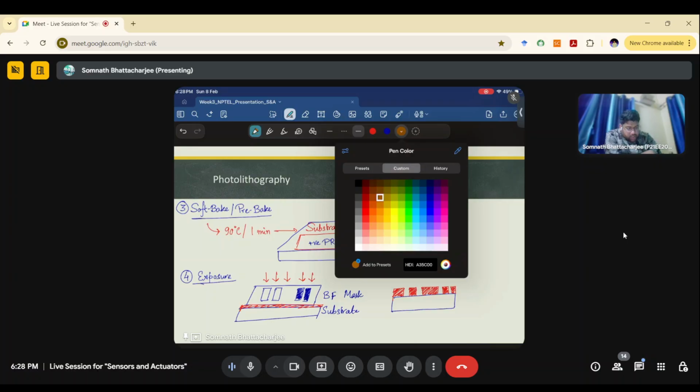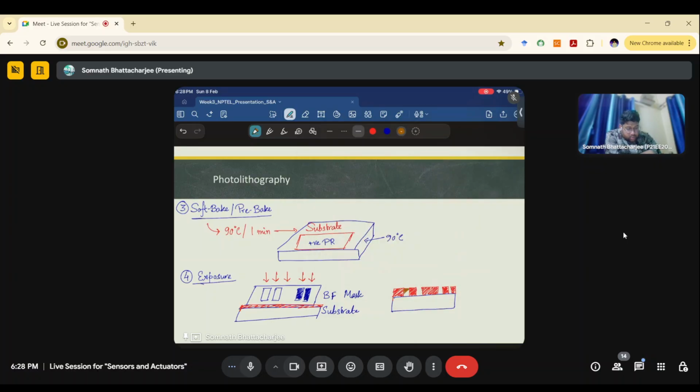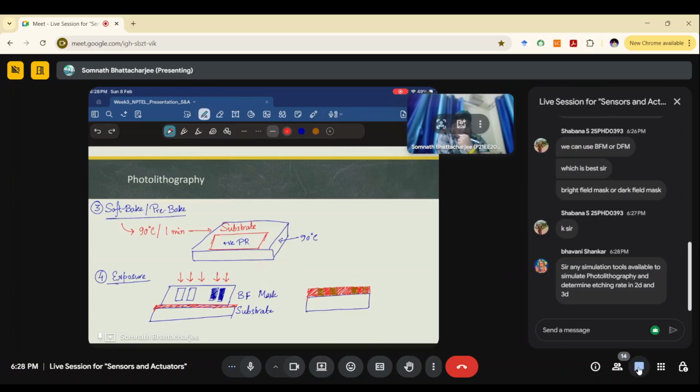The pattern will look something like this. Someone asked about simulation tools to determine etching rate in 2D and 3D. I'm not entirely sure about this. There might be, but in my research we generally optimize by trying multiple times.